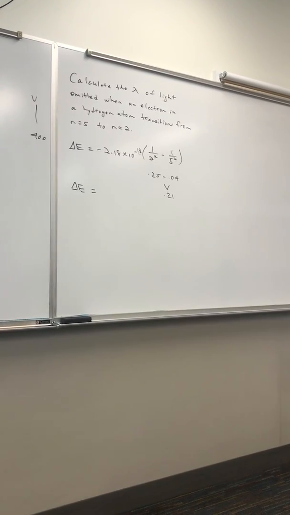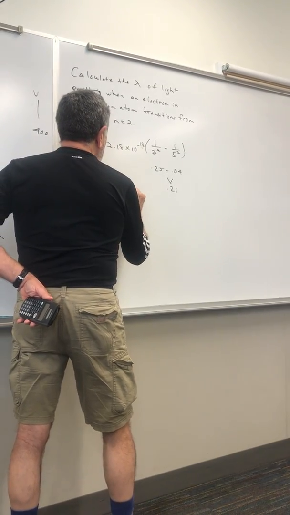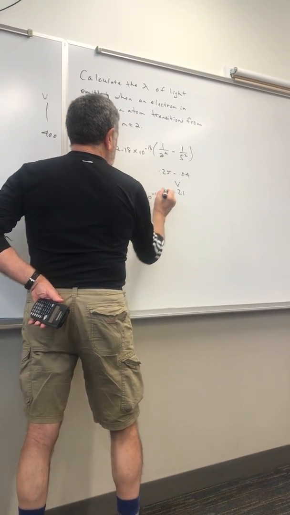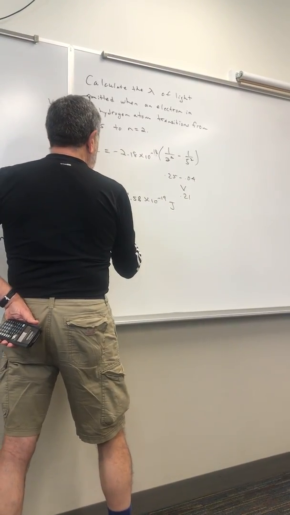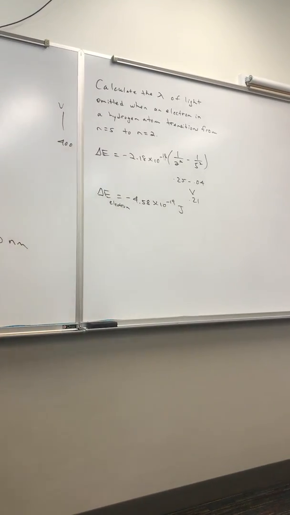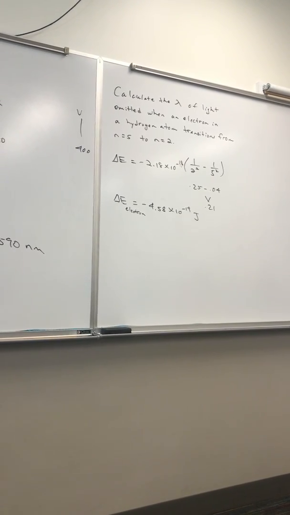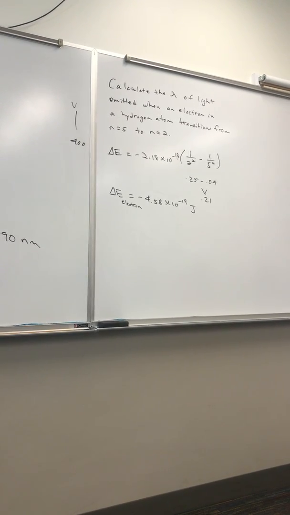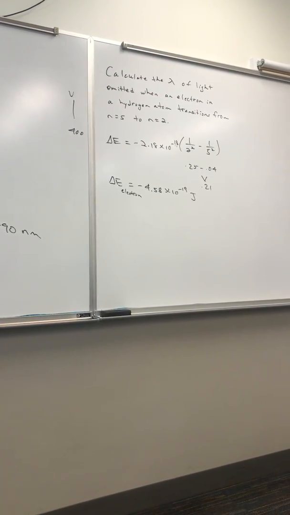4.58 times 10 to the minus 19 joules, that's the energy change in the electron. And in order to make a decision on the wavelength, we need to convert the sign to positive, and then use the hc over lambda equation to find the wavelength.